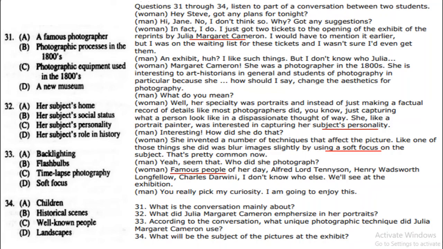Number 31. What is the conversation mainly about? Number 32. What did Julia Margaret Cameron emphasize in her portraits?